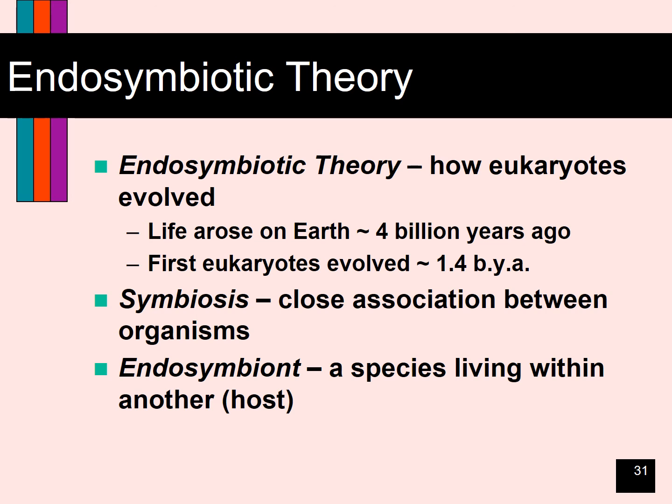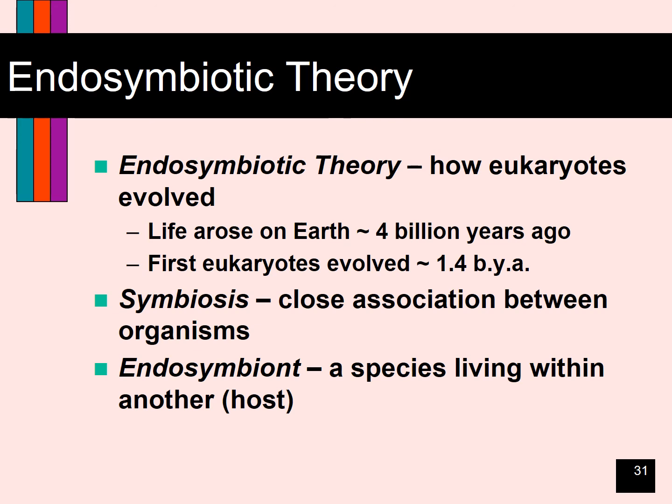So as the Earth is evolving and oxygen is becoming present in the atmosphere, a lot of anaerobic prokaryotic organisms actually died. And it was beneficial to have a symbiotic relationship with a prokaryotic organism that could use the toxic oxygen in respiration, and also make ATP, right?